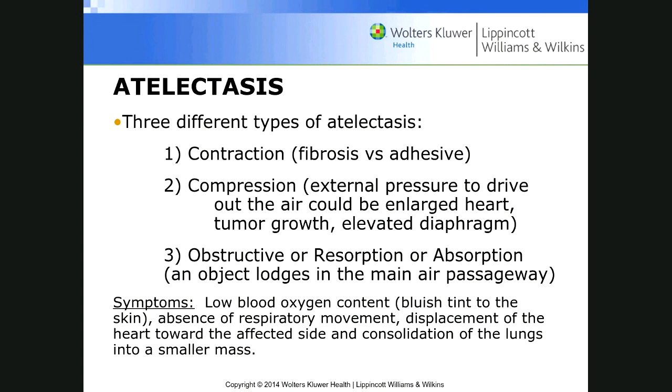So let's say, for example, this is your primary bronchus, secondary bronchus, and so forth, tertiary bronchus. If you get an obstruction here, that means that air will stay in here, right? And air here cannot get ventilated.